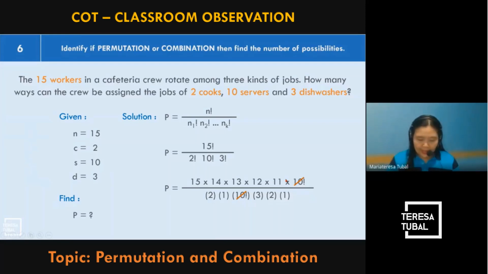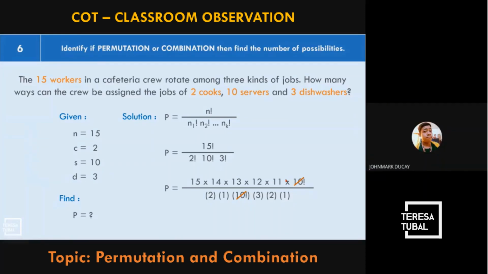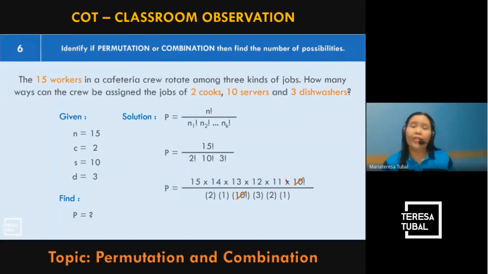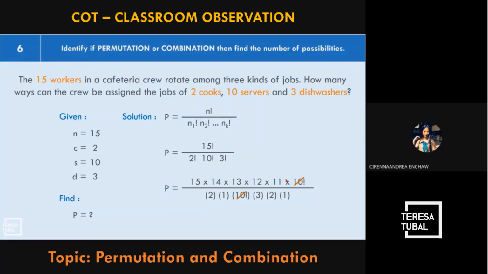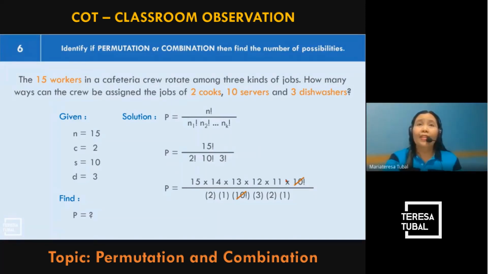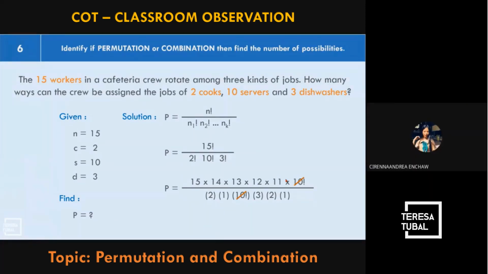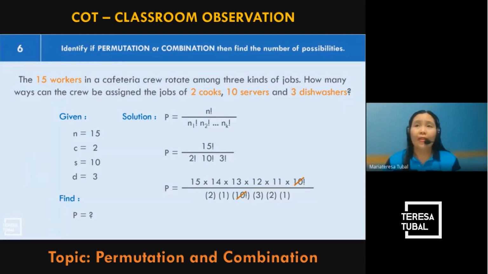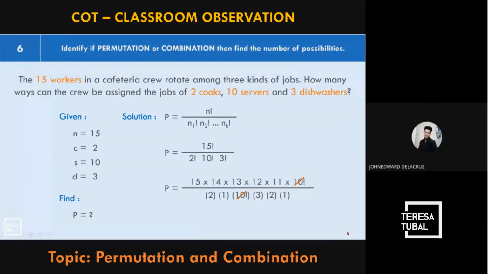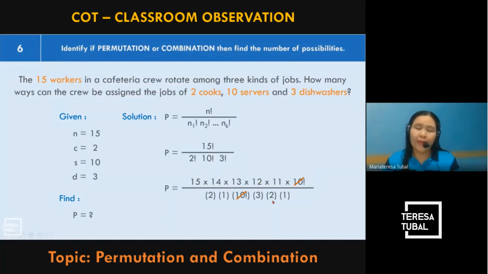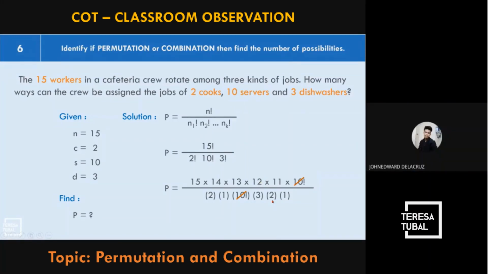Yes, Dukay? 30,030. Okay, 30,030. Let us see if the answer is 30,030. So, can you get the lowest term? Okay, can you get the lowest term, Edward? 12 po, ma'am. 12? If 2, that is 12 divided by 2, ano pa? 10 po.